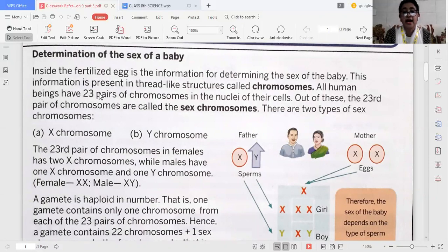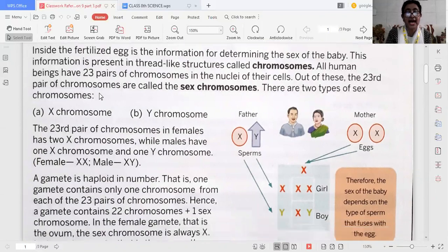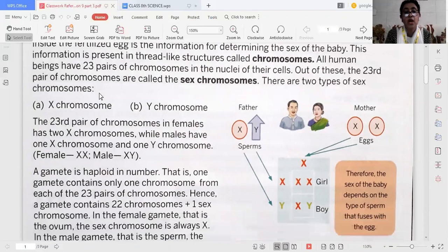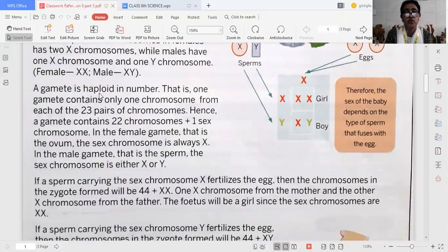Males have X and Y, and females have XX chromosomes. The 23rd pair of chromosomes in a female has two X chromosomes, while males have one X and one Y chromosome.